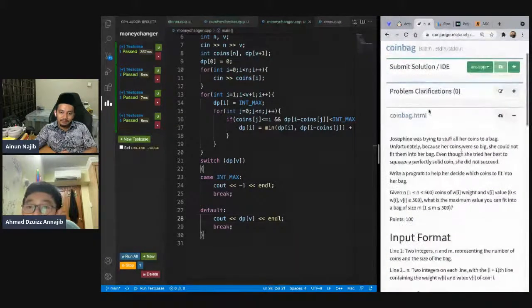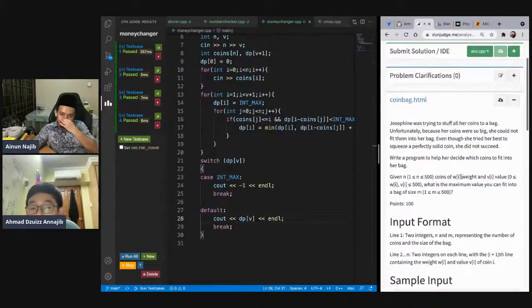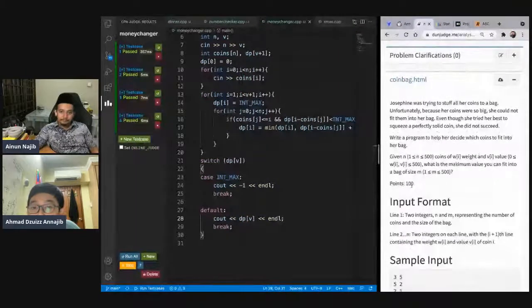They were trying to stuff all the coins into a bag. Unfortunately, because the coins were so big, she could not fit them into the bag. She was trying, but did not succeed. What is the maximum value you can fit into the bag of size?